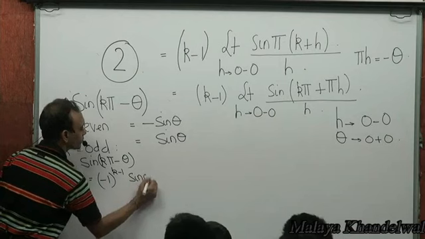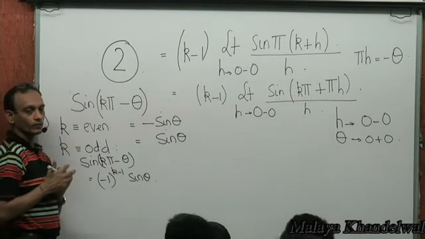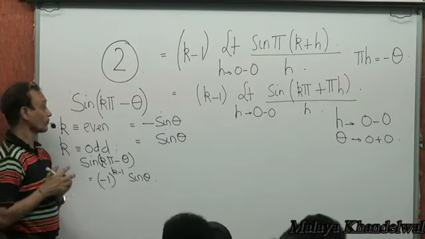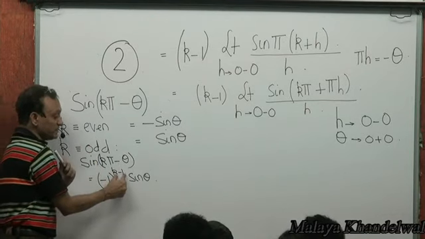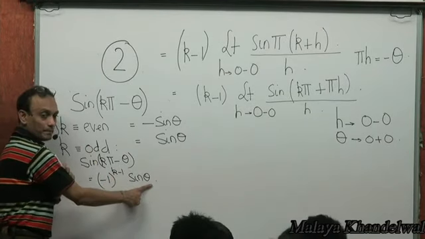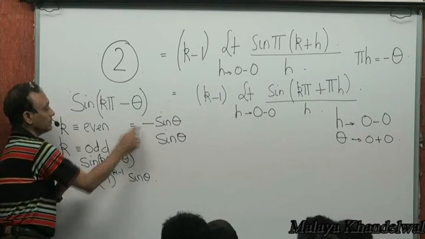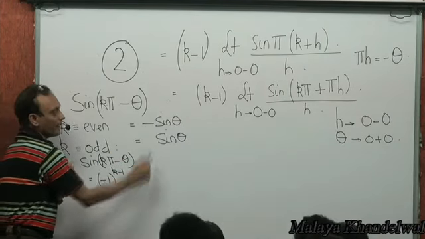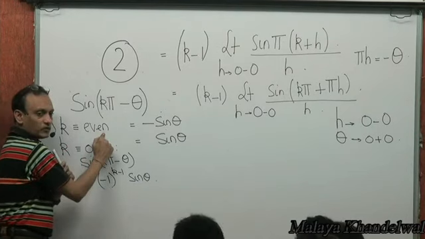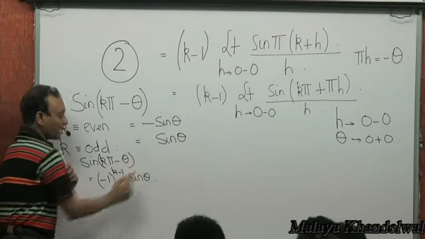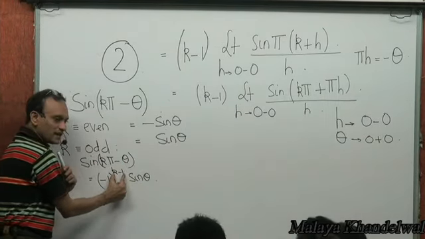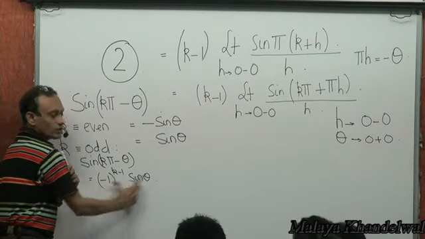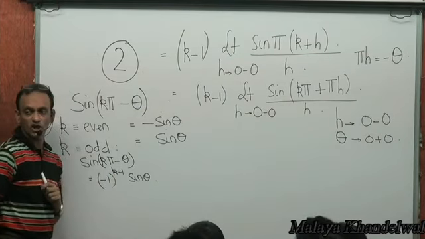Do you realize that? When K is even, K minus 1 would be odd and it will become minus sine theta. That is what you need for K even. When K is odd, K minus 1 is even and this will become plus sine theta. Yes or no?